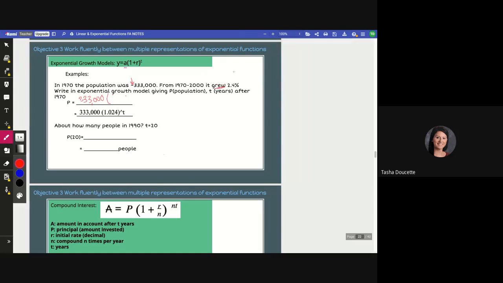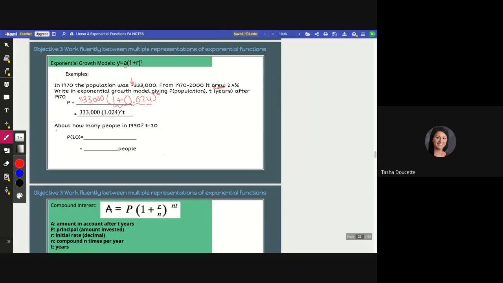So it grew. 1 plus, we write 2.4% as a decimal, so that's 0.024, to the t power. We clean this up a little bit, and we get 1.024 as our interest rate, and this would be your equation that you're working with.